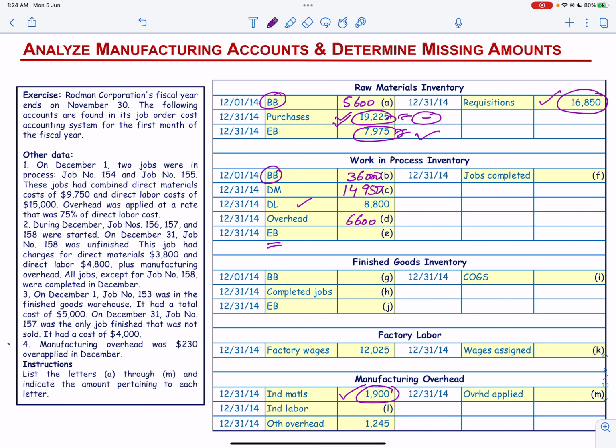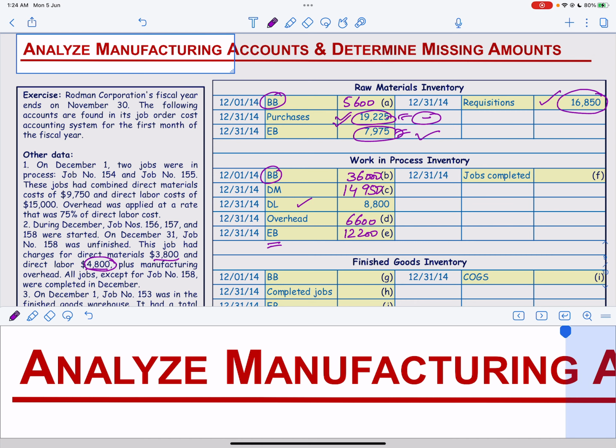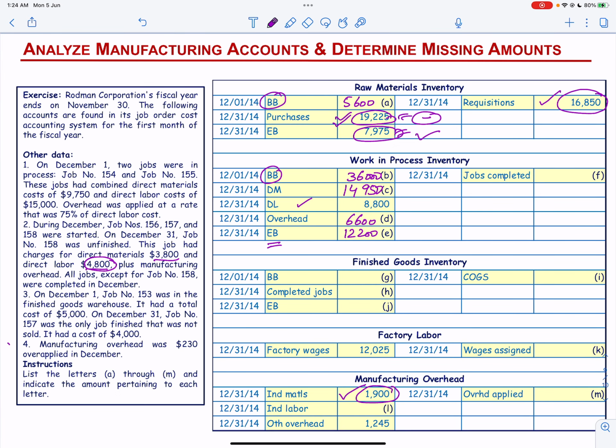direct material 3,800 plus direct labor 4,800 plus 75% of 4,800 as well, and that will give us 12,200. Now we can calculate the job completed, that is part F, and that will be 36,000.